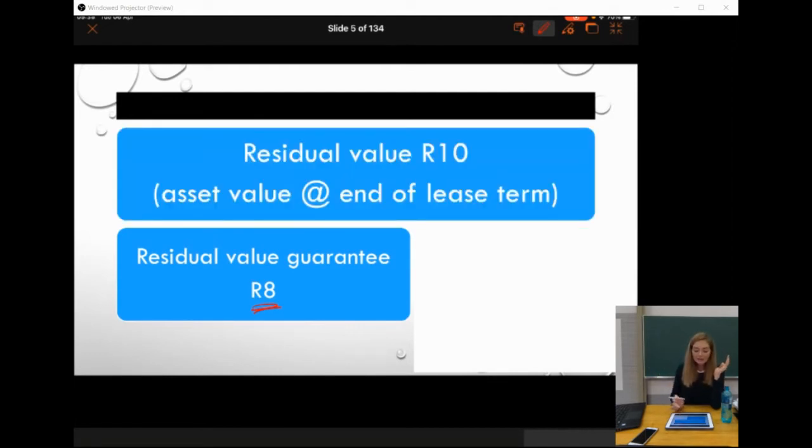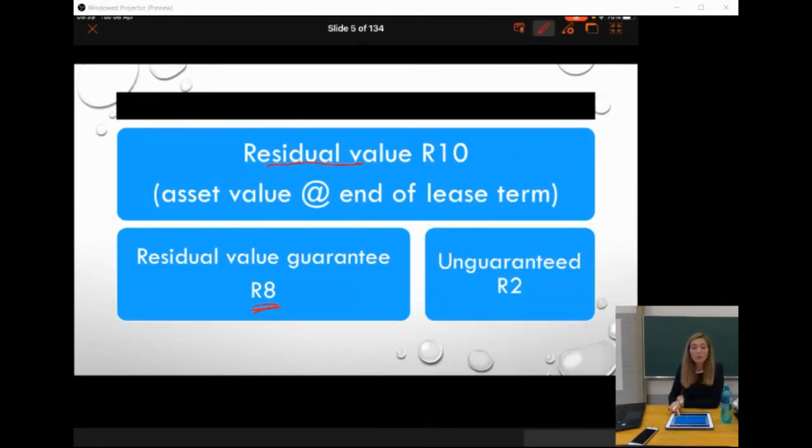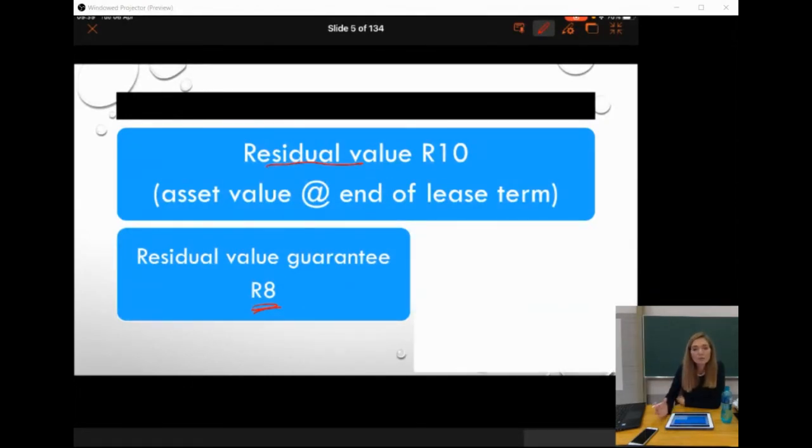If it now happens that at the end of the lease term the actual residual value, the value of the asset, is R10, then you can see that we actually met the requirement of the residual value guarantee. The value is actually higher than the guarantee that we gave. So therefore, there will be nothing payable in terms of the residual value guarantee.